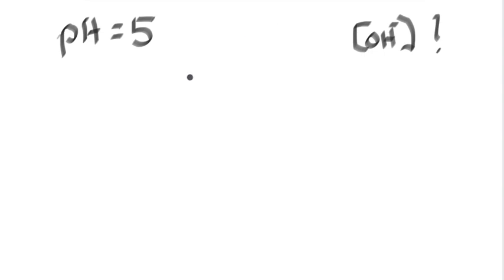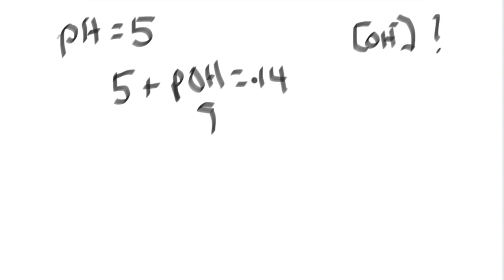You can use the pOH scale to help you do that fairly quickly. If we know that the pH is 5, and the pH plus the pOH has to add up to 14, we immediately know that the pOH is 9. So if the pOH is 9, we can solve for the OH concentration very quickly.